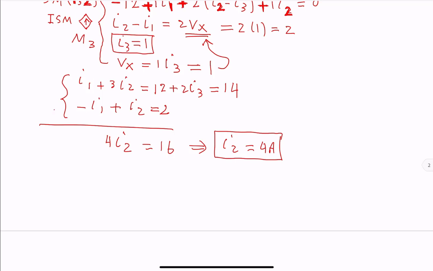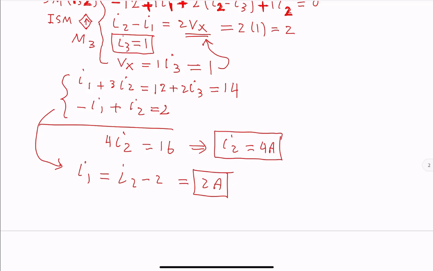And from here, I1 is I2 minus 2, equal to 2 amps. So we have the 3 mesh currents.